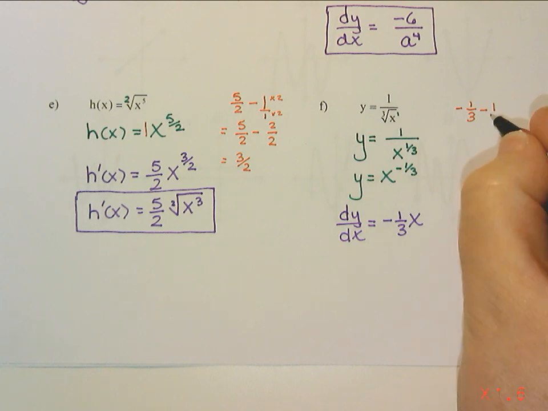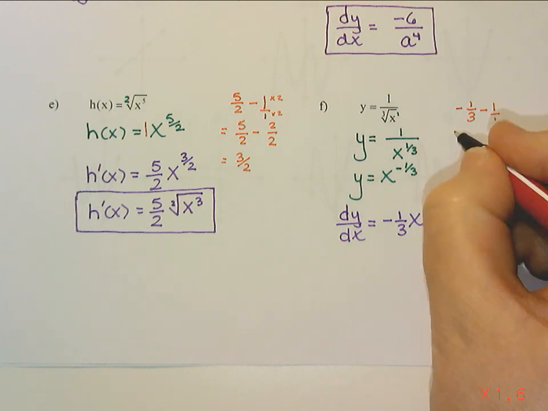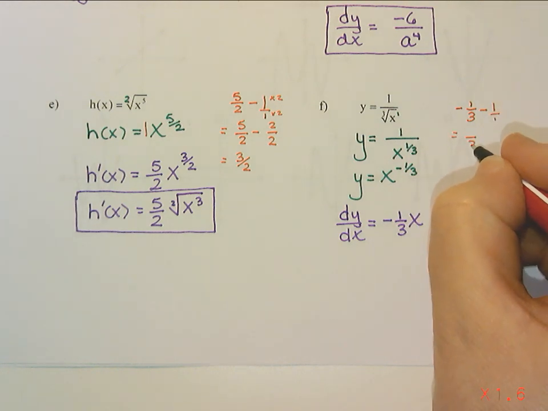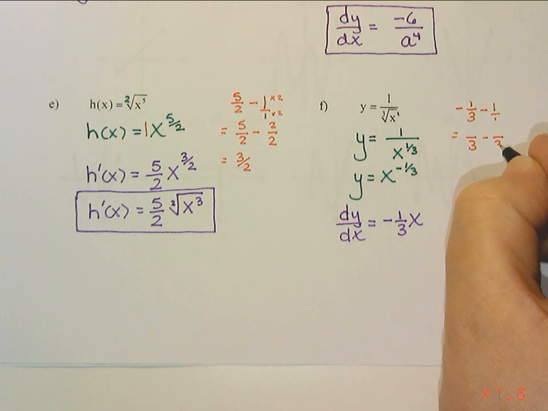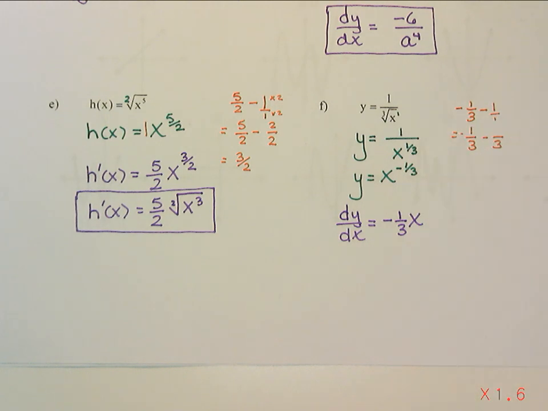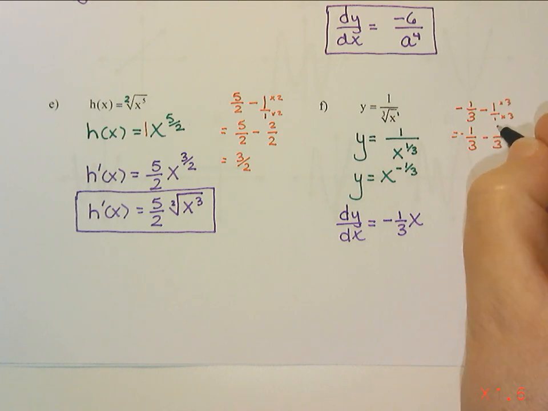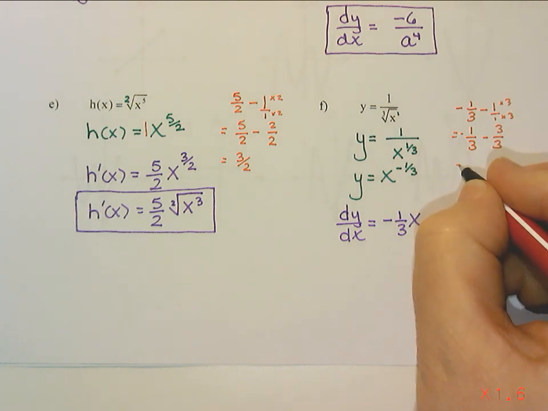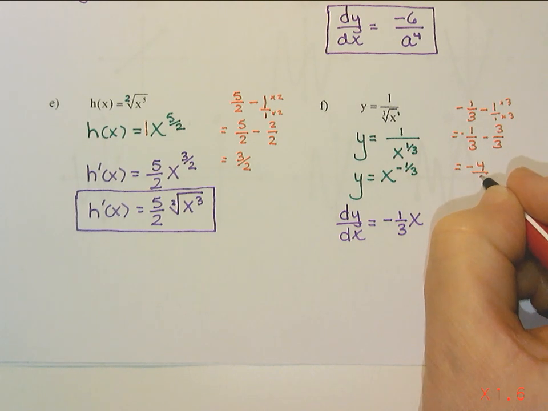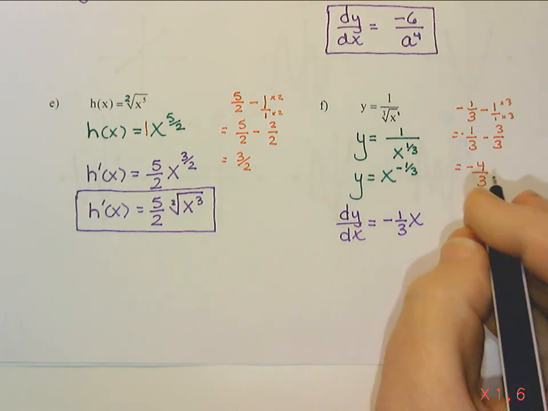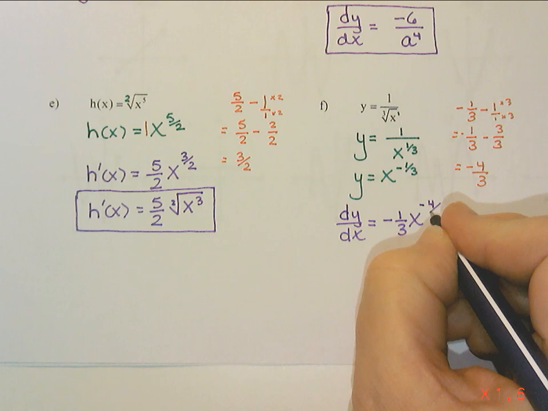That 1 has a secret denominator of 1. I need a common denominator, so I'm going to go for 3. So I don't do anything to the first fraction, but that second one, I'm going to multiply top and bottom by 3. So -1 take away 3 is -4 over 3. So my exponent here is going to be -4 over 3.